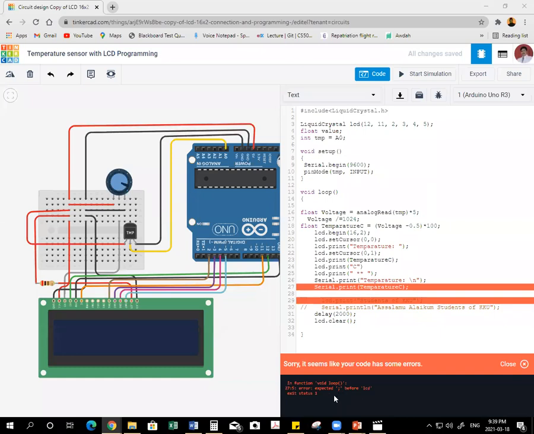Okay, the function void loop. Okay, semicolon. Somewhere we missed the semicolon. Where is it? For this, it is there. For this, for this. Yes, here. Semicolon we missed. Okay.